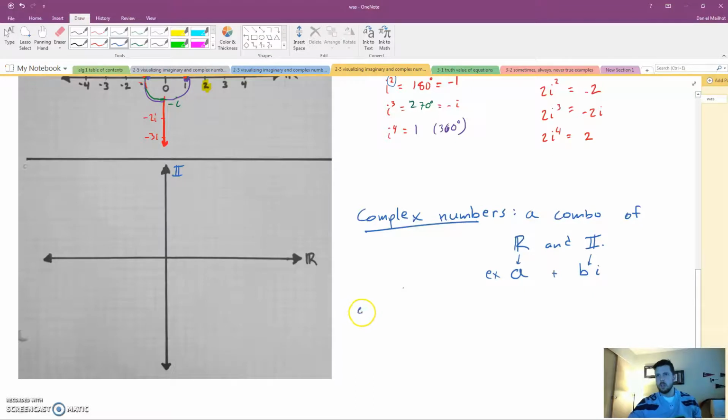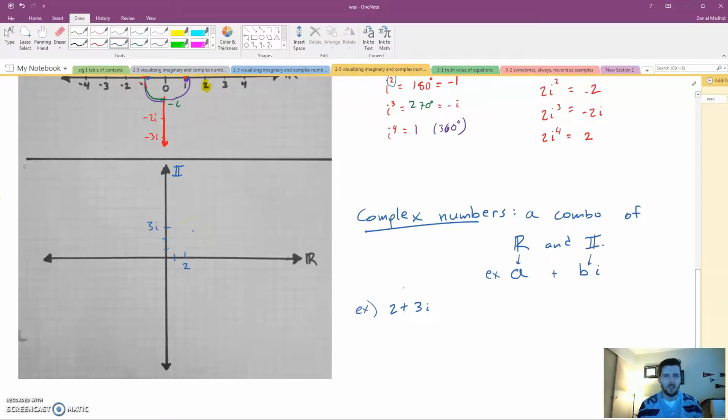So here's your example. Let's plot 2 plus 3i. Well, that's 1, 2 on your real axis, and 1, 2, 3 i on your imaginary axis.